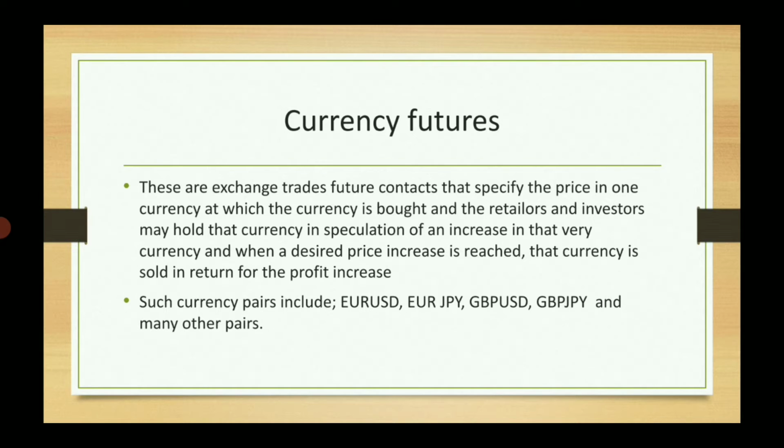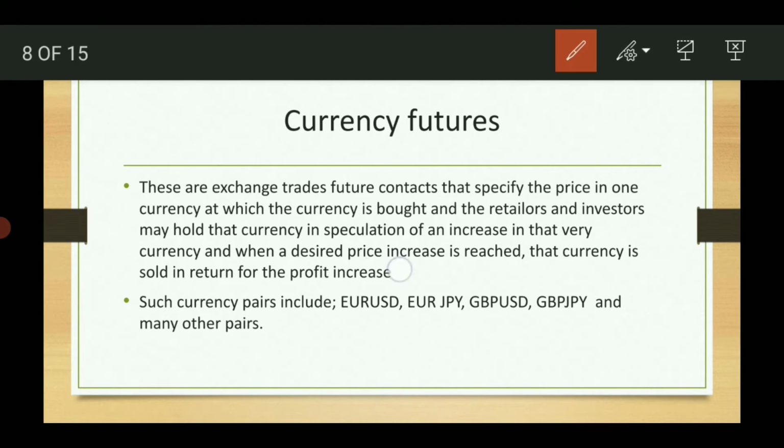Now currency futures, these are where you have currency pairs. These are exchange-traded future contracts that specify the price in one currency at which the currency is bought, and the retailers and investors may hold the currency in speculation of an increase in that very currency, and when a desired price increase is reached, the currency is sold in return for profit. What does this mean? In currencies, you are going to have, let's say, the Euro USD, as we can see here.